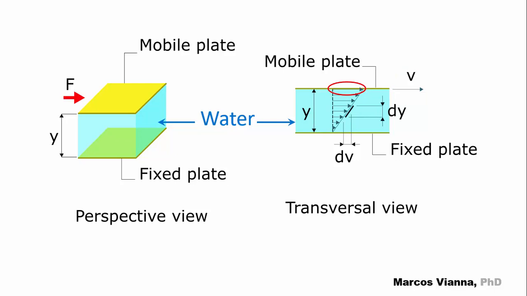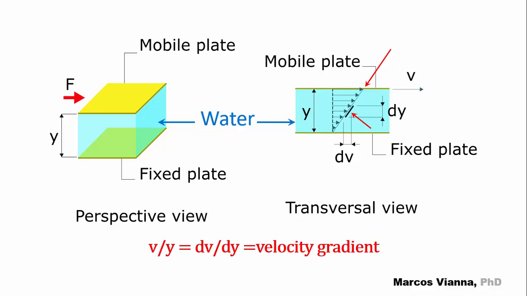The particle that is near the mobile plate goes with it, and the particle that is near the fixed plate stays with it. We are assuming that there is a linear velocity profile, which means that the velocity variation is proportional to the distance. So we have v over y equals dv over dy. Velocity gradient is the name of this relationship.